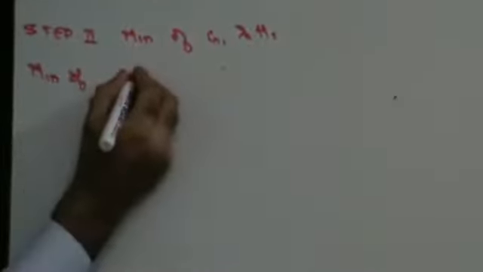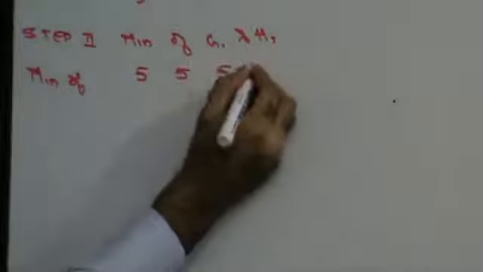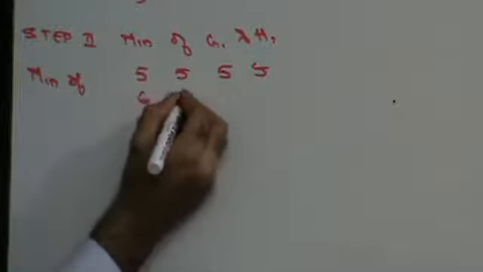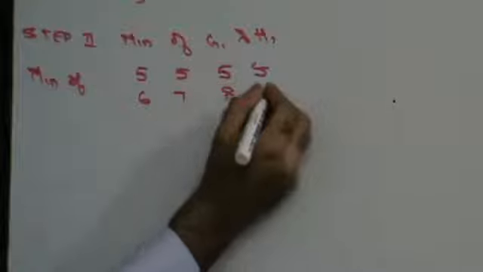Now let's start with the sequencing. Step 2. You have min of G1 and H1. So this is going to be min of 5, 5, 5 and 5, 6, 7, 8 and 5.